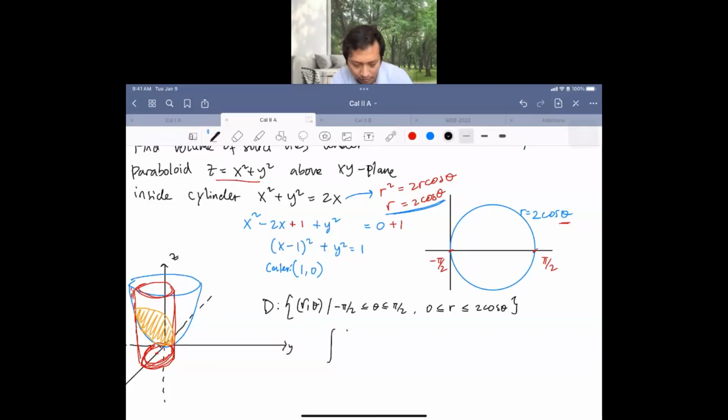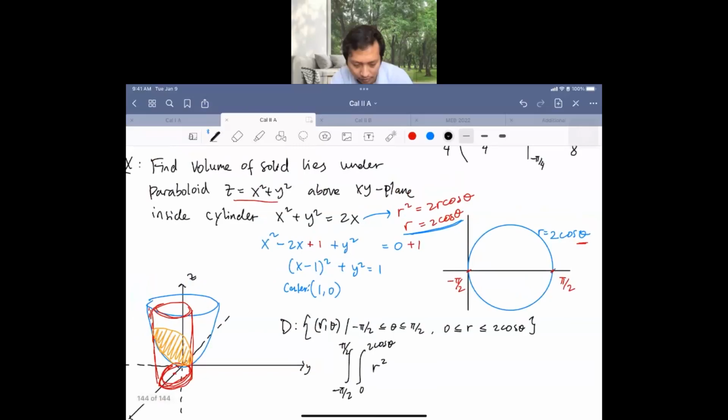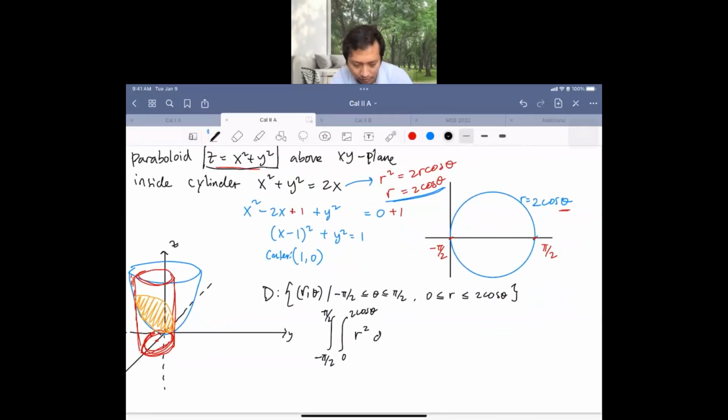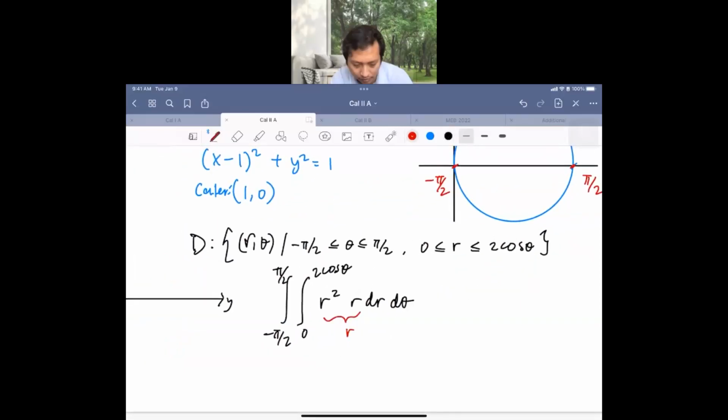We could write down the formulation as negative pi over 2 to pi over 2, from 0 to 2 cosine theta, r squared, this is the z, and then r dr d theta. So we could solve this first, becomes r cubed, and then integration becomes r to the 4 over 4, and then plug in 0 and 2 cosine theta.